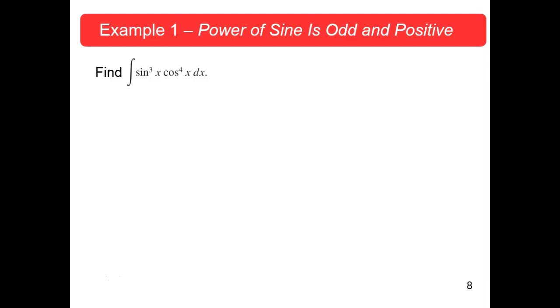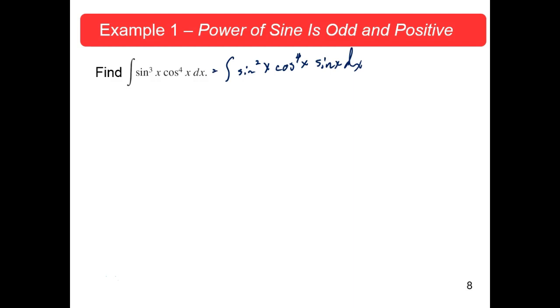Odd power. So what we do, very first step, is rewrite this as the integral of sine squared x cosine fourth x sine x dx. Okay? That looks like it's worse than what we had to begin with, but it's the same thing, isn't it? Sine times sine squared is sine cubed.